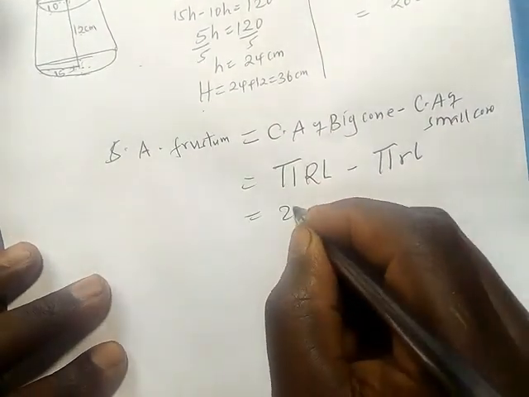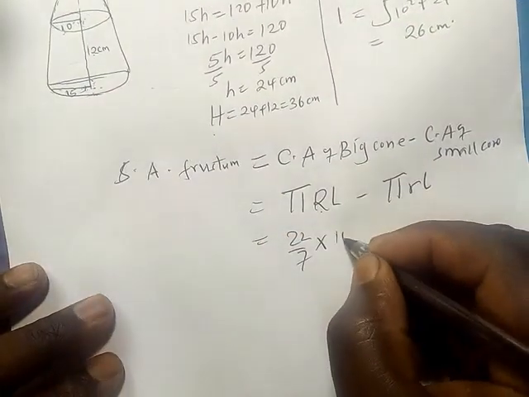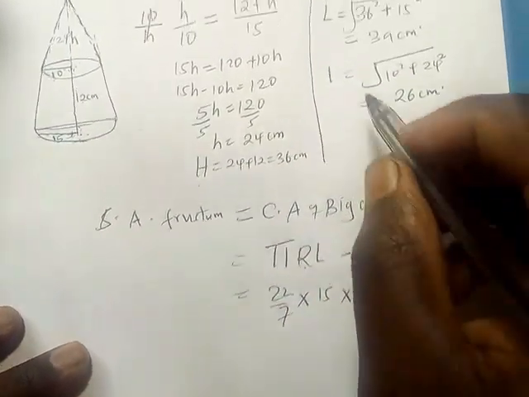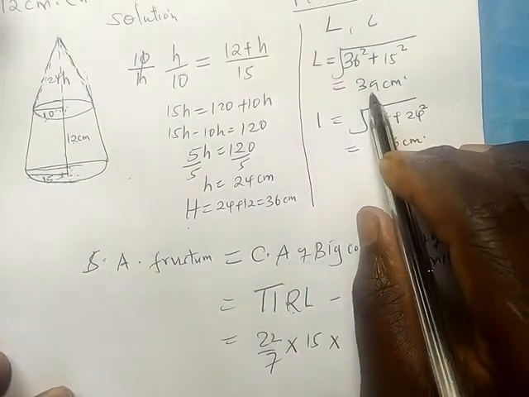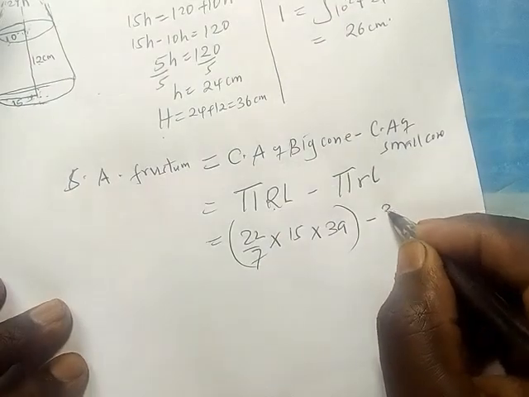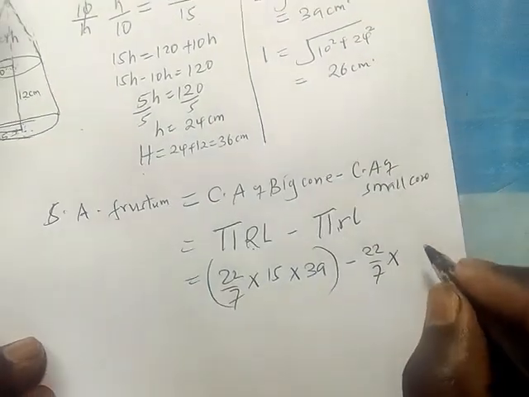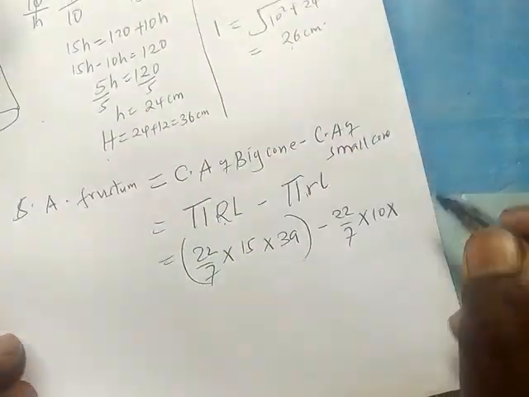In this case, it is 22/7 times the big radius, which is 15, times capital L, which is 39, minus 22/7 times small r, 10, times small l, that is 26.